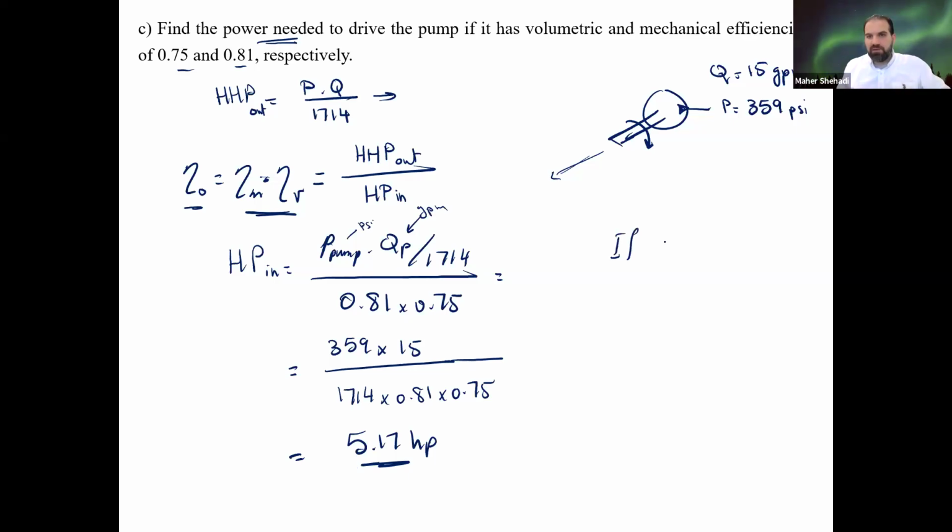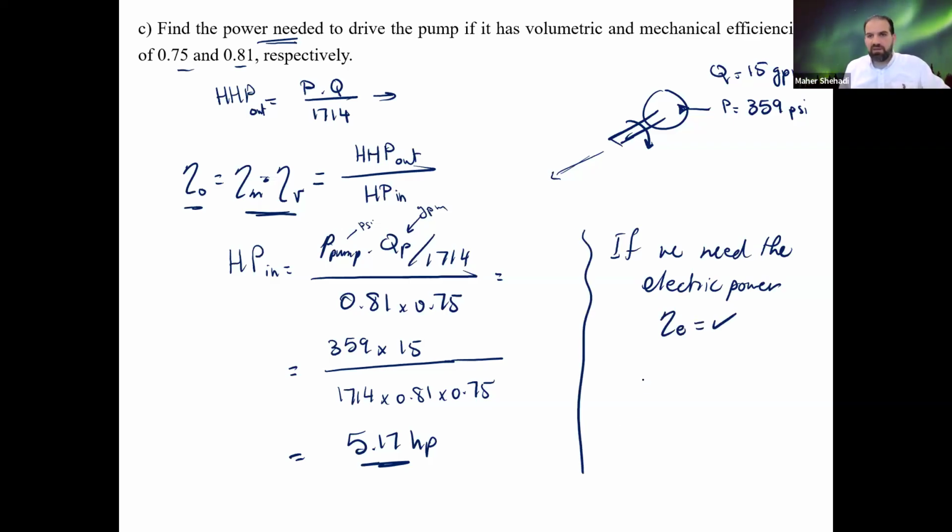If we need the electric power needed, then I need to know probably what we call the electric efficiency. And then we would add it to my efficiency. So you will be dividing by, again, we're moving back from the output to here. There are losses, so I should have more power here to overcome the losses and give you whatever this answer is, divided by 1714.